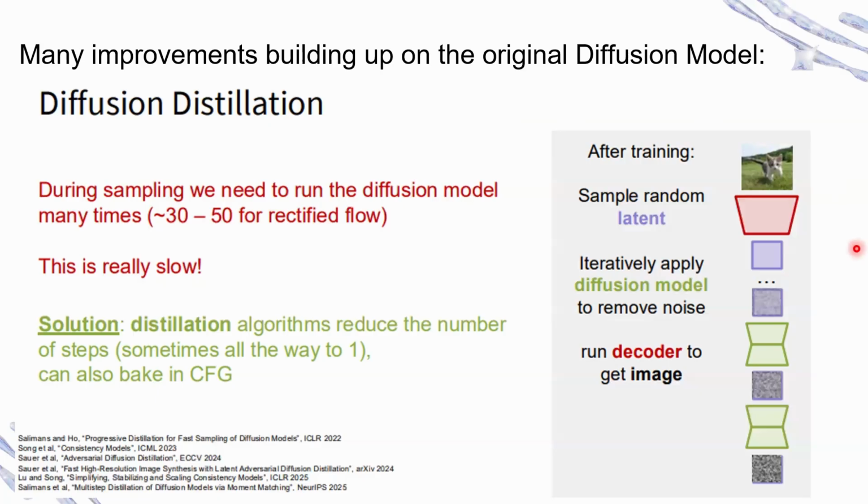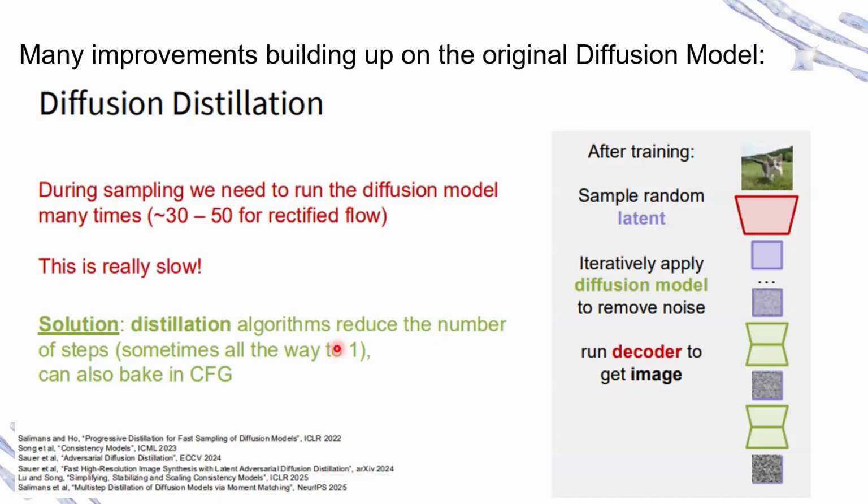But for each of those steps, we compare the output of the student to the teacher, and we train it such that the output is still relatively as good as the teacher. The student learns to jump ahead in the denoising process, so it allows for faster sampling.